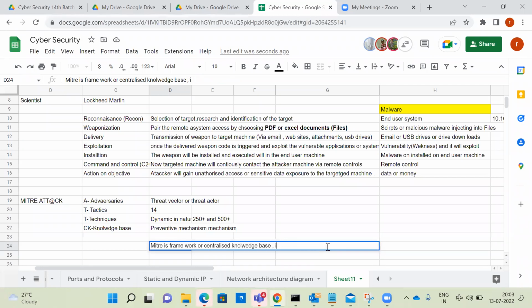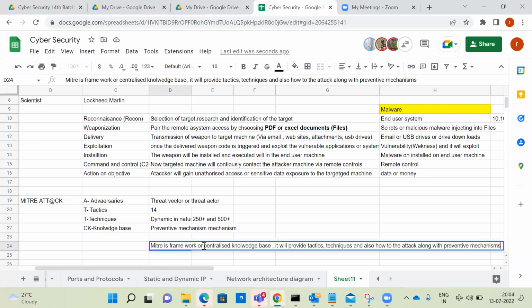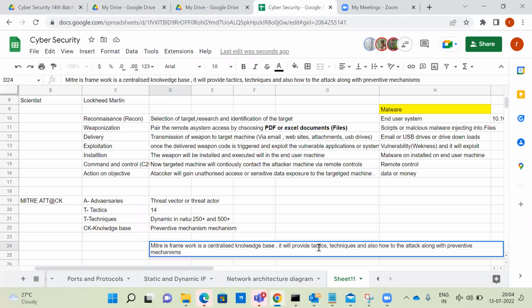It will provide tactics, techniques, and also how to do the attack along with preventive mechanisms. So that is called the MITRE framework. The MITRE framework is a centralized database that provides tactics, techniques, and also how to do the attack along with preventive mechanisms.